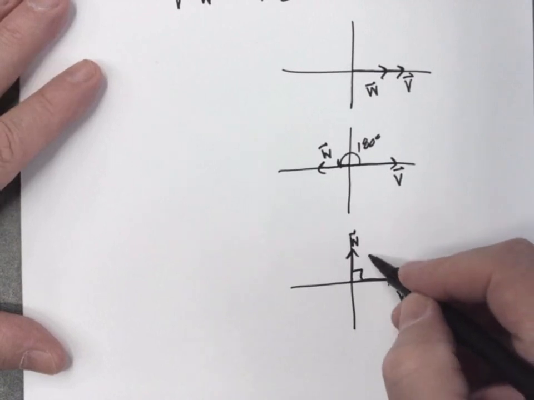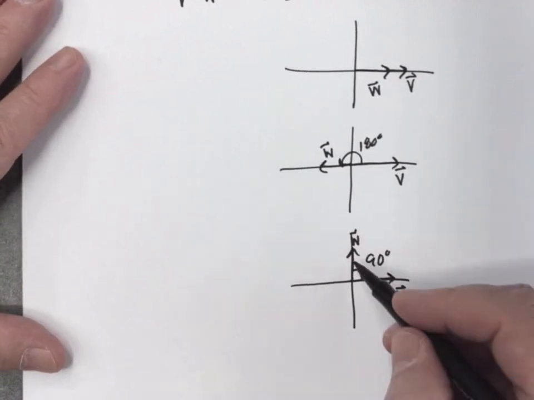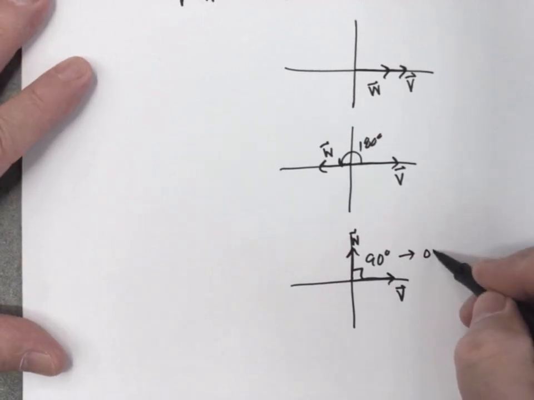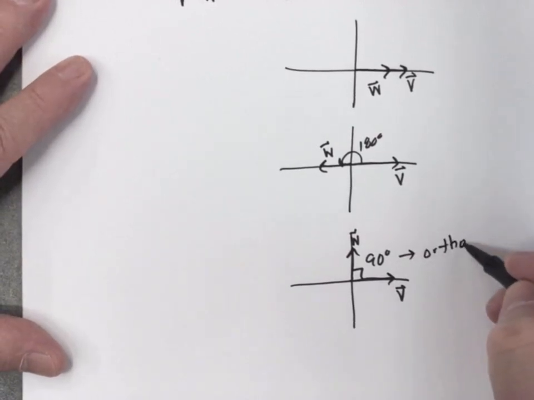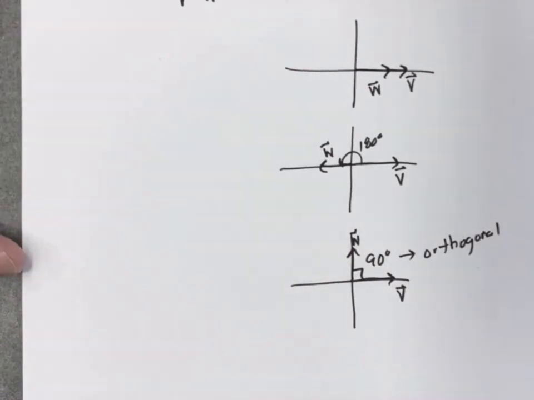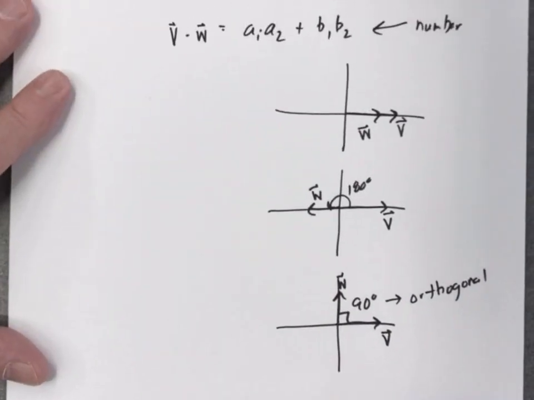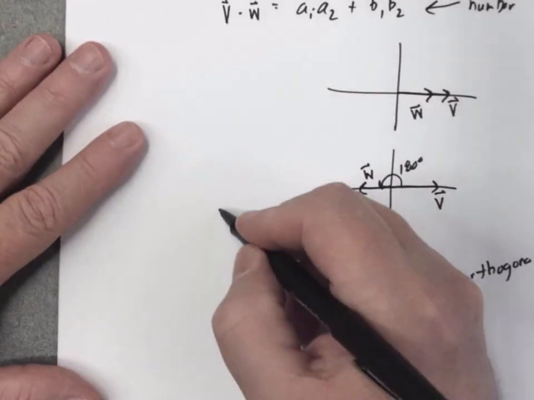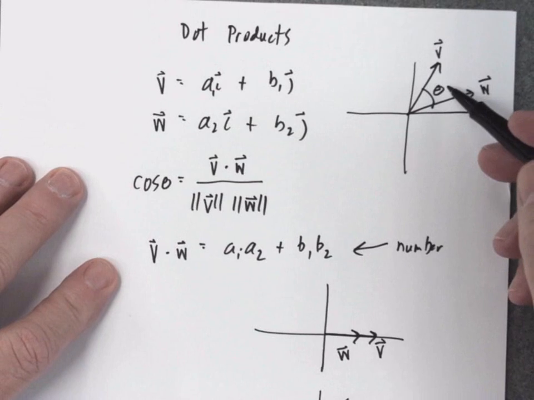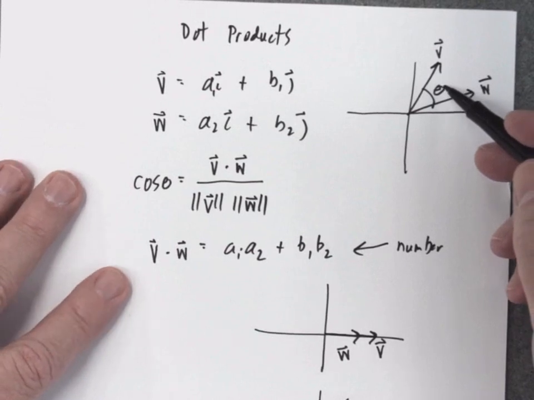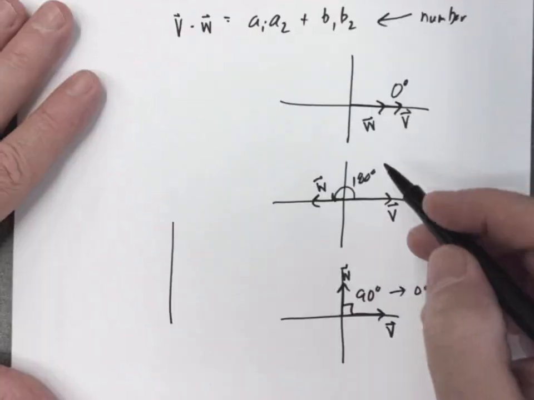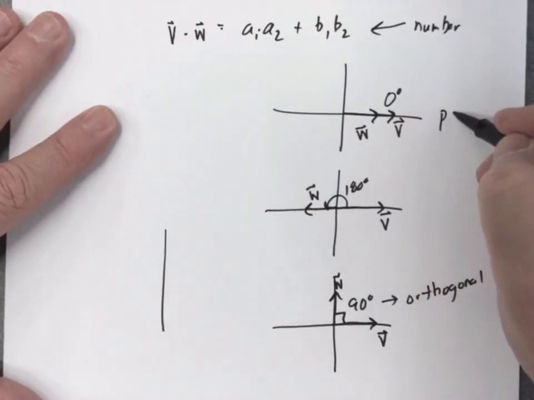And then the last special case is a right angle, 90 degrees. And there's another word, 90-degree angles are called orthogonal. You'll see that word. And then, of course, the last case is like this one. Here's the angle. It's not a special angle. So for this one, the angle would be 0 degrees. I mean, these would be called parallel.